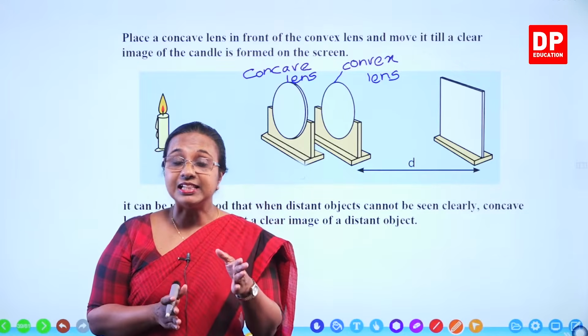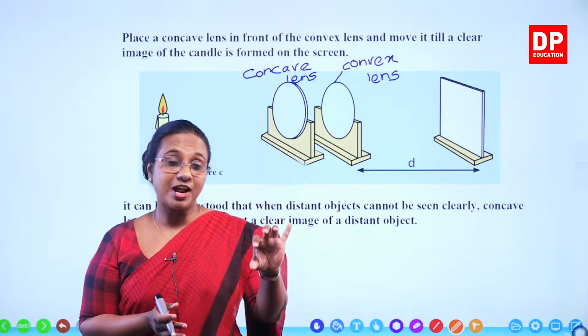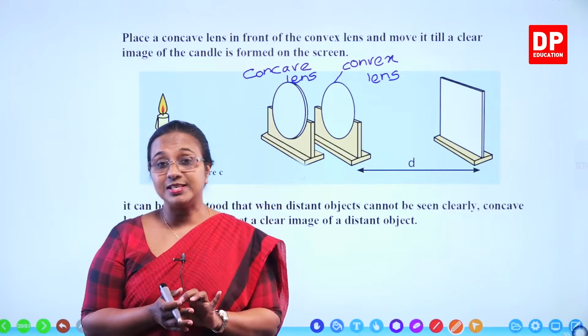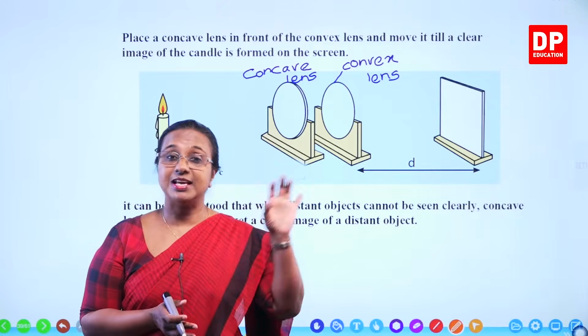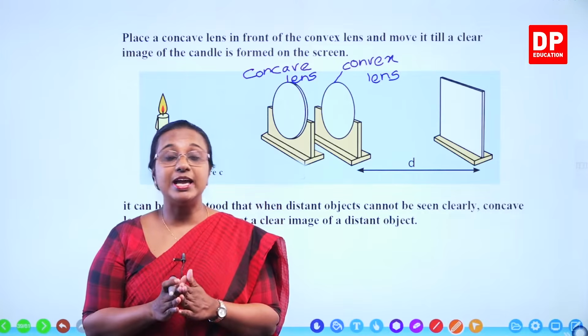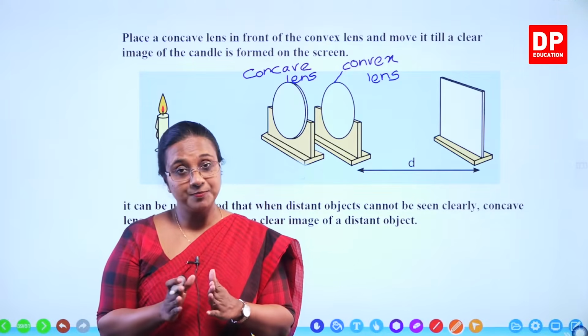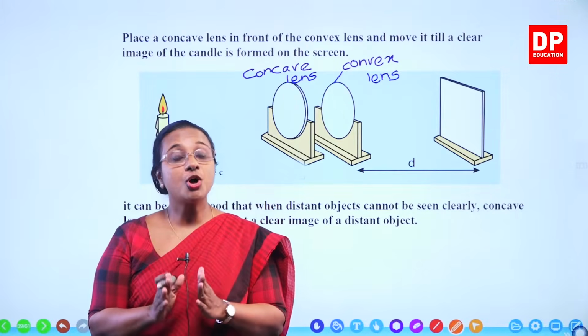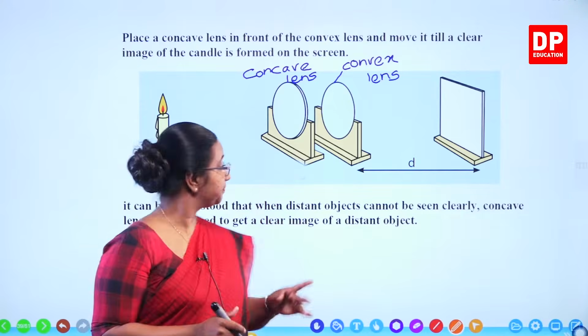Afterwards, I held the biconcave lens in front of the biconvex lens, that is between the biconvex lens and the object. Then you were able to see the image clearly. So that is how short sight is corrected.